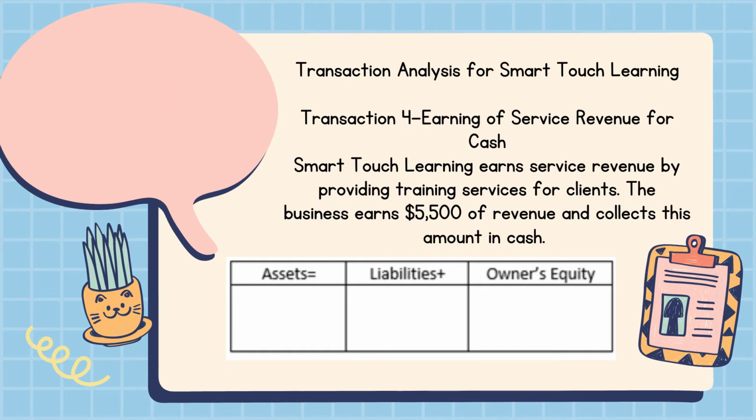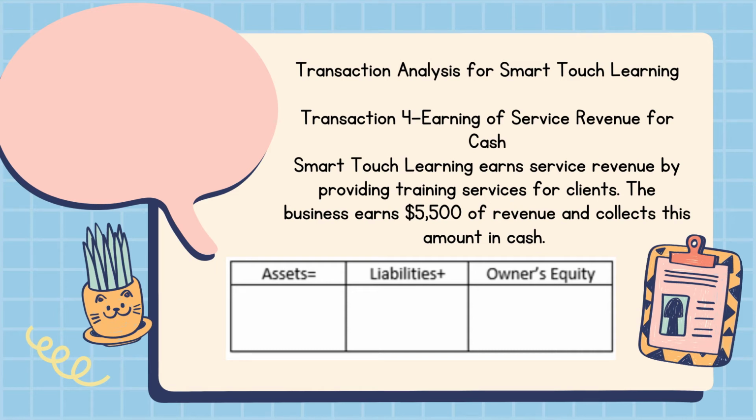Transaction 4, earning of service revenue for cash. Smart Touch Learning earns service revenue by providing training services for clients. So this is our source of revenue. I'm a service company, I'm just providing a service. The business earns $5,500 of revenue and collects this amount in cash.